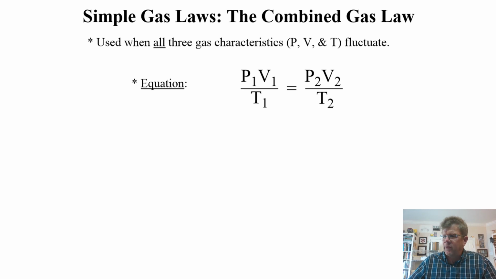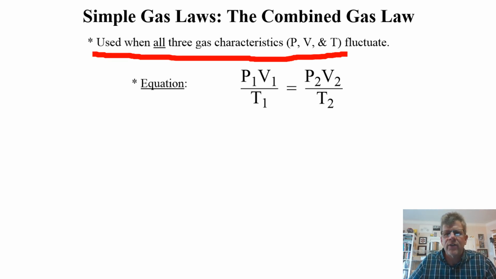So sometimes we have a word problem, an example where all three gas characteristics, all the measurables, pressure, volume, and temperature, do fluctuate. It is possible to do that. It gets us out of the framework of Boyle's law and Charles' law, because they have to hold at least one of those measurables constant, but that's not always the case. When we have all three gas characteristics fluctuating, we can end up using the combined gas law.